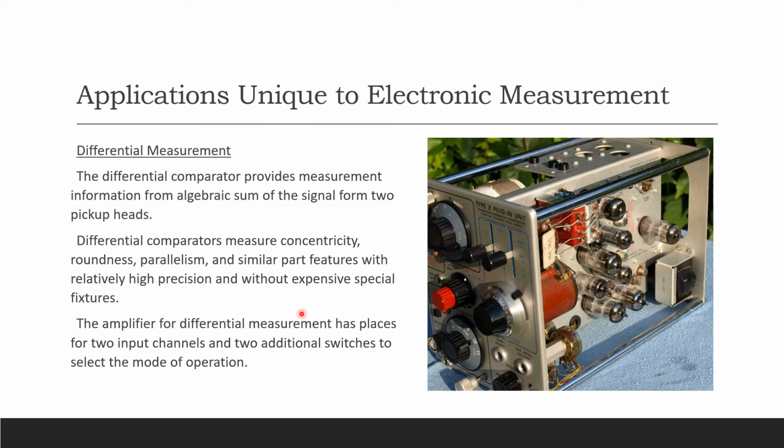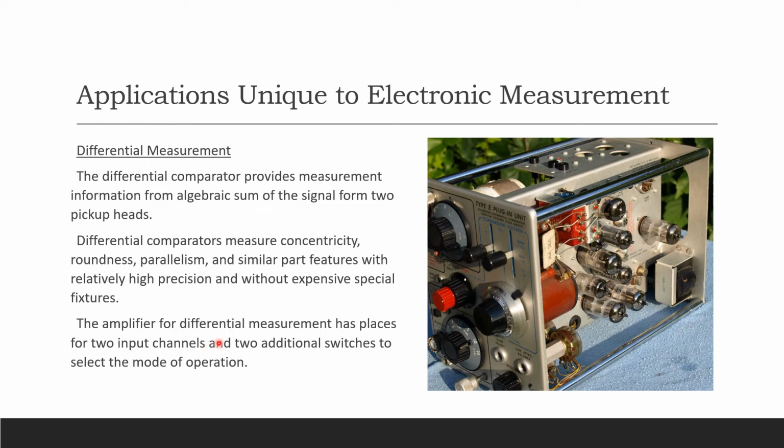Applications unique to electronic measurement. The differential measurement comparator provides measurement information from the algebraic sum of signals from two pickup heads. The differential comparators measure concentricity, roundness, parallelism, and similar part features with relatively high precision and without expensive special fixtures.